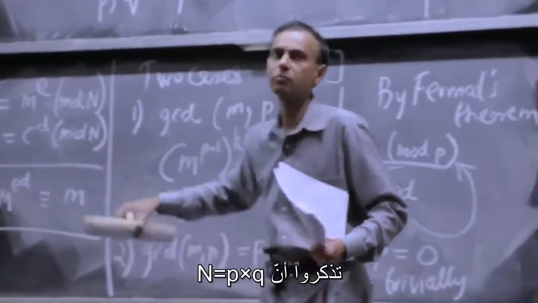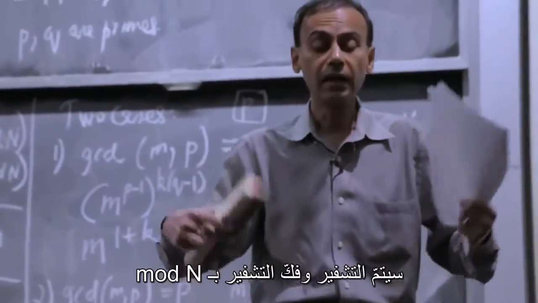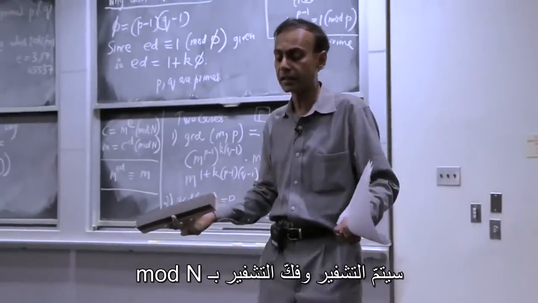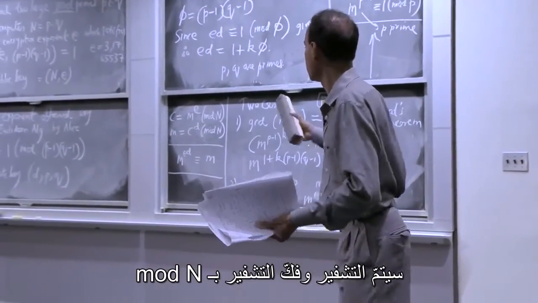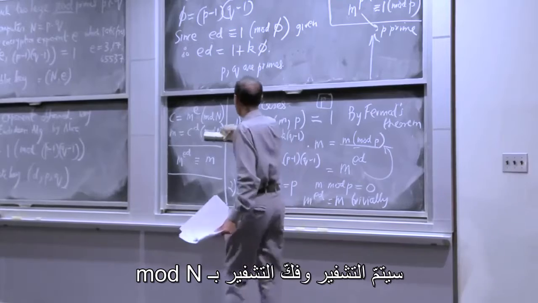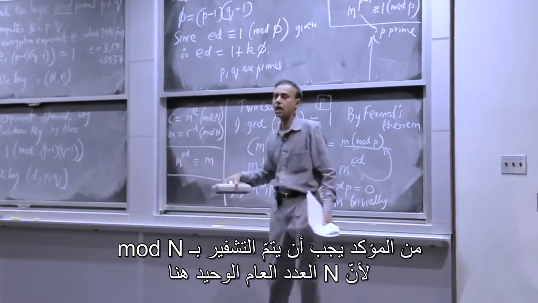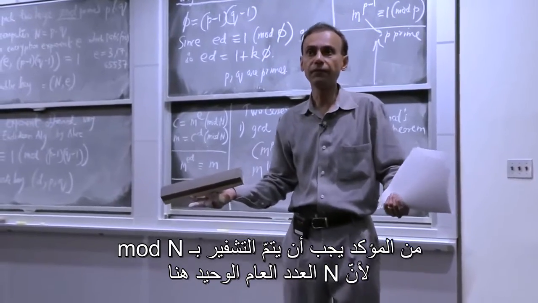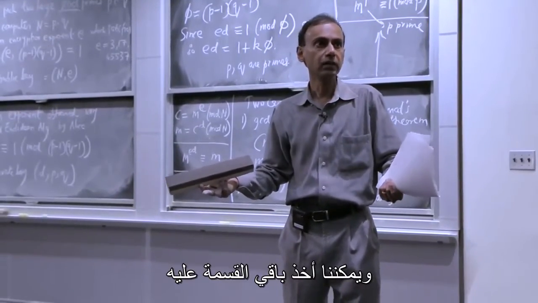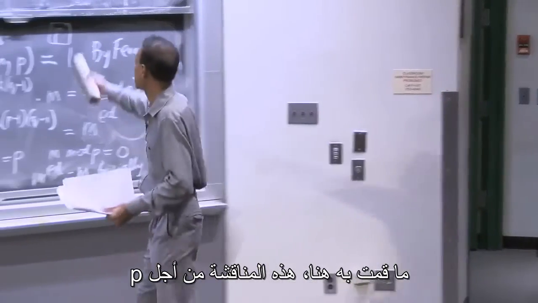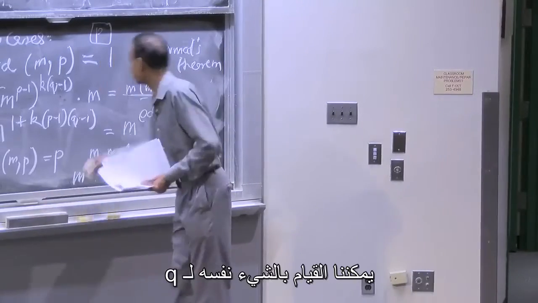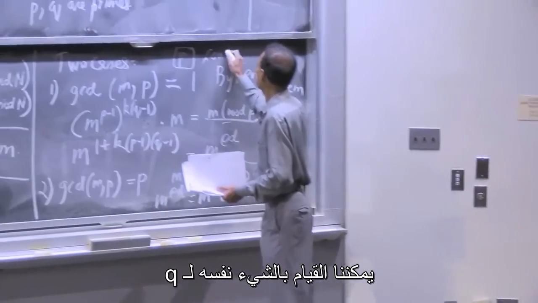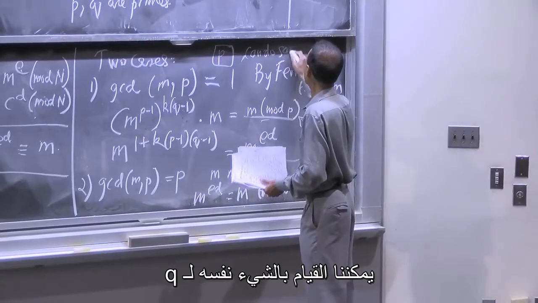And the reason for that is simply that I have n over here. Right? So remember, n equals p times q. The encryption and the decryption are going to be done mod n. Certainly the encryption has to be done mod n, because n is the only public number that you have that you can mod with, correct? So what I've done here, this analysis is for p, can do the same for q.